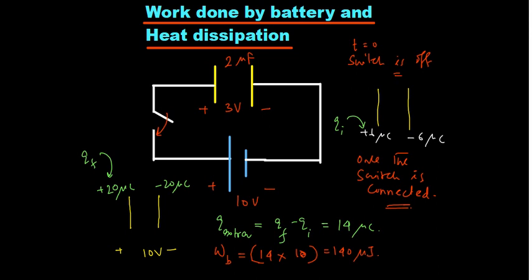Next they are asking for the heat dissipation. For heat dissipation we have the formula: delta H is equal to the work done by the battery minus (EF minus EI). We will do it one by one. Work done by the battery we already got, 140 microjoule. I want to calculate EI.